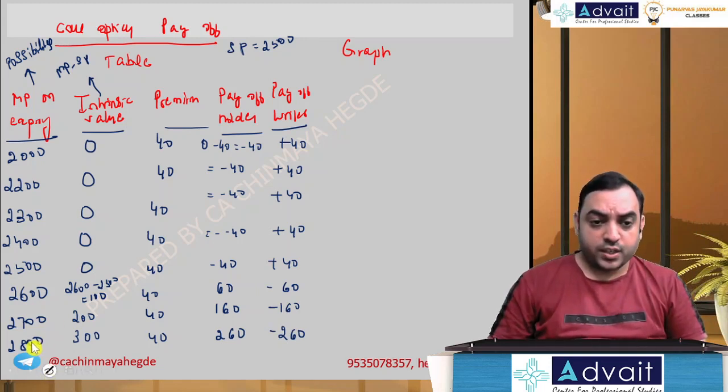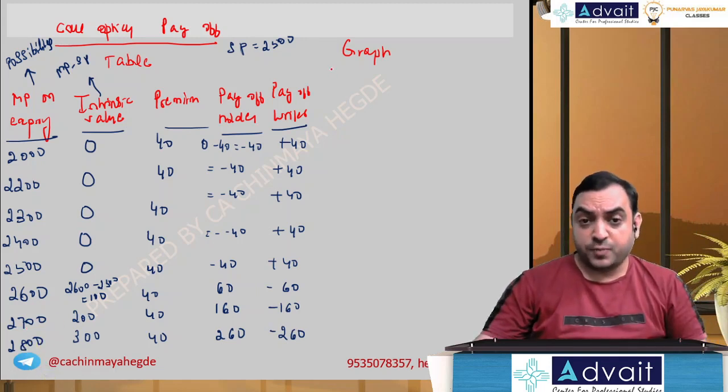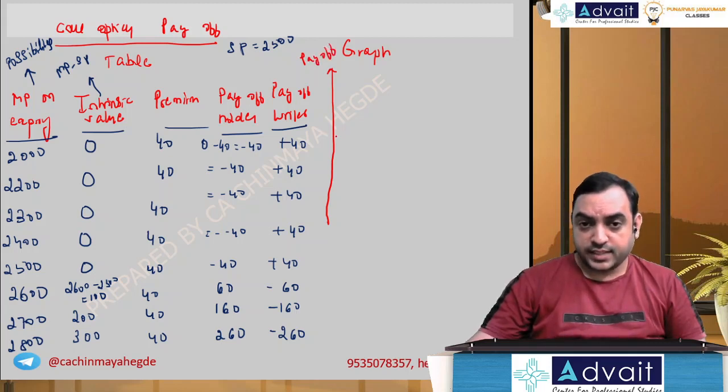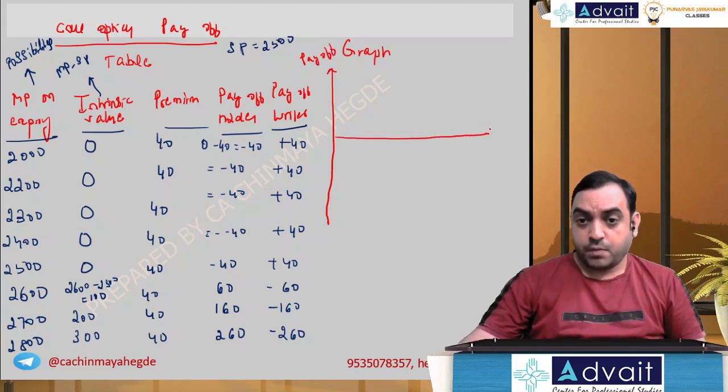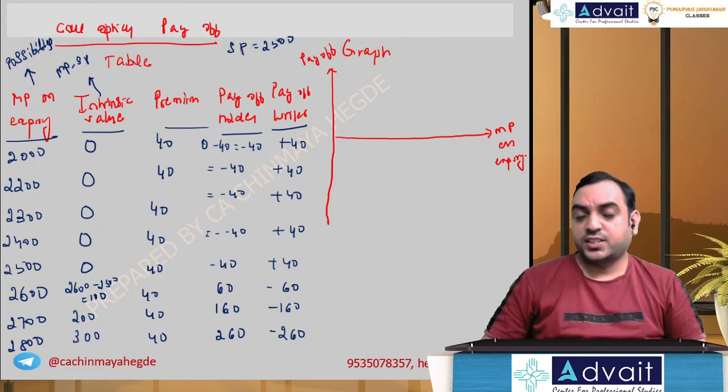If I plot it on a graph, this is an important graph, please try to understand. On the y-axis we will have payoff, on the x-axis we will have market price on expiry.